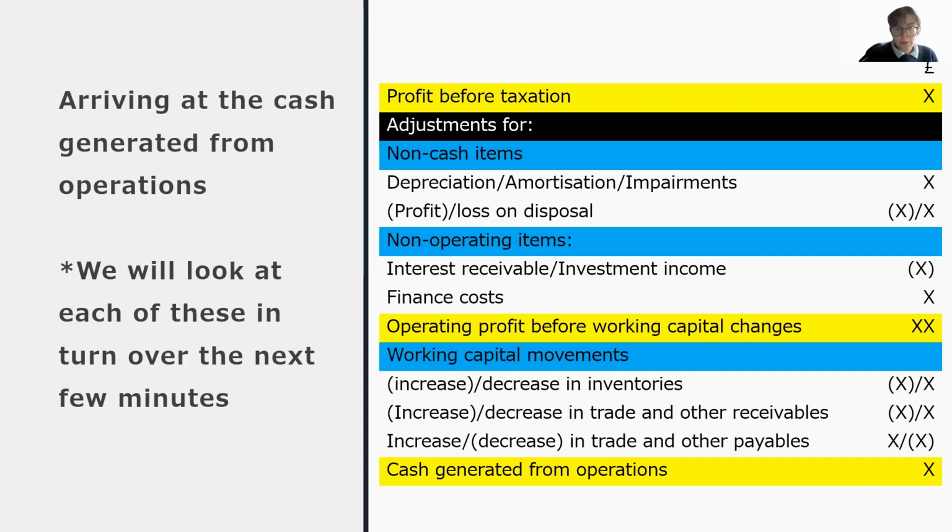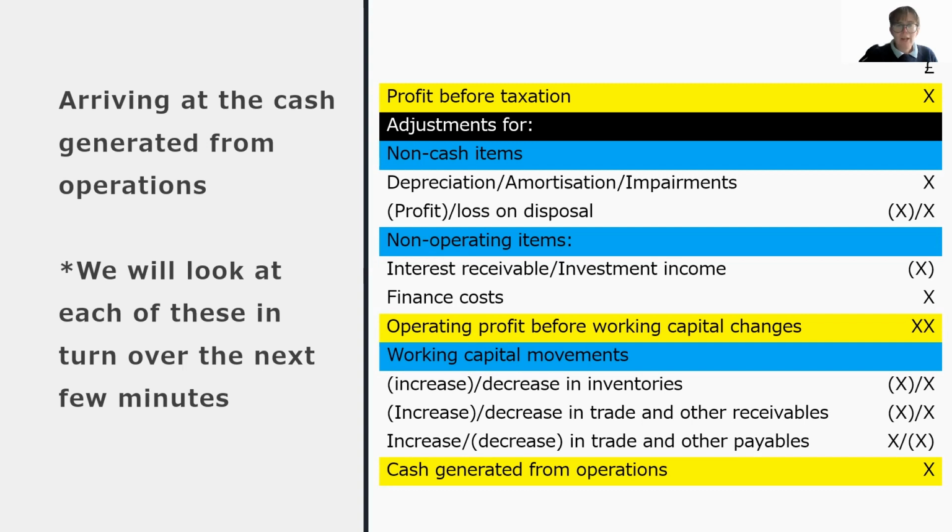You would deduct any profits on disposals, whilst also adding back any losses on disposals. Any interest receivable or any investment incomes you must also deduct. And any finance costs we add back. That will then give us our operating profit figure before our working capital changes.